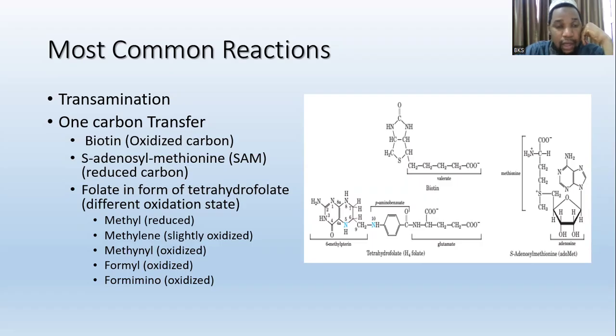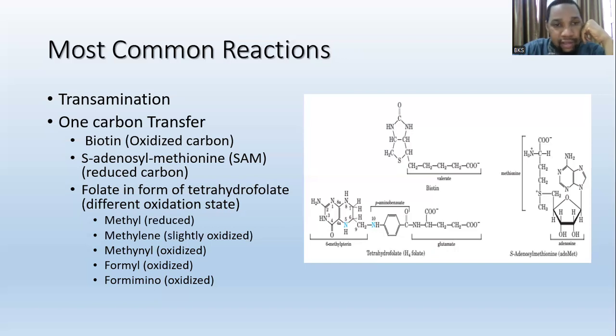S-adenosylmethionine is the opposite of biotin: instead of oxidized carbon, it transfers a reduced carbon in the form of a methyl group, CH3, while the oxidized one, I said, is in the form of carboxyl, COO.